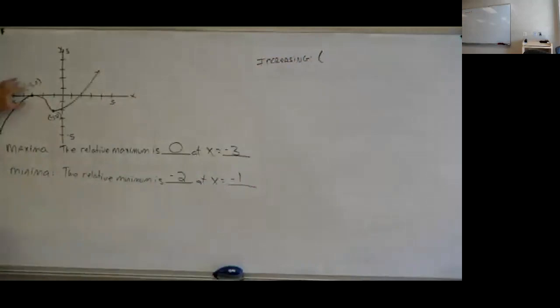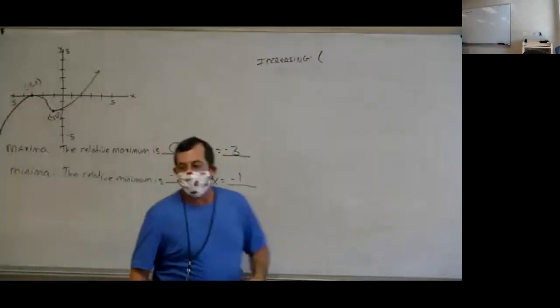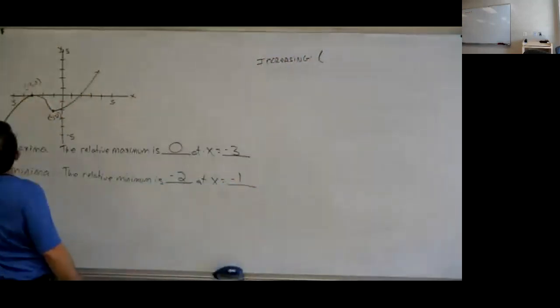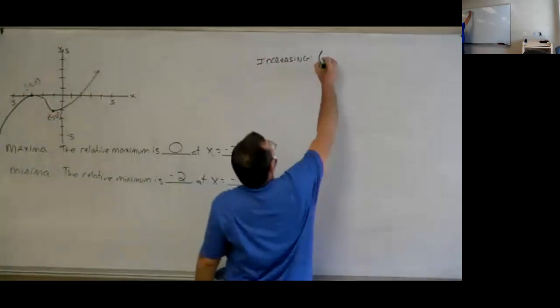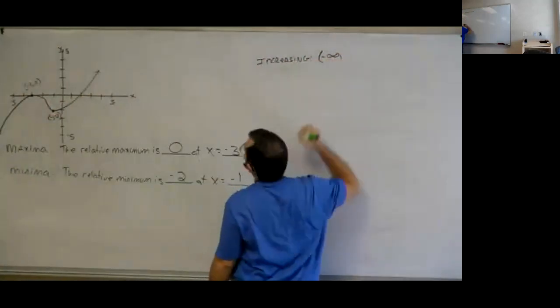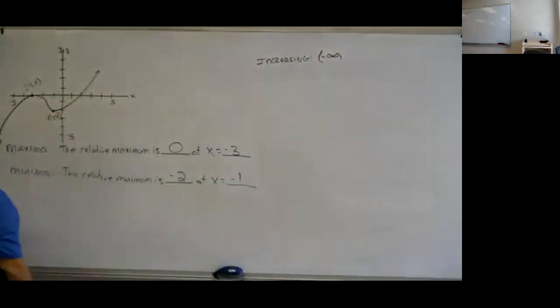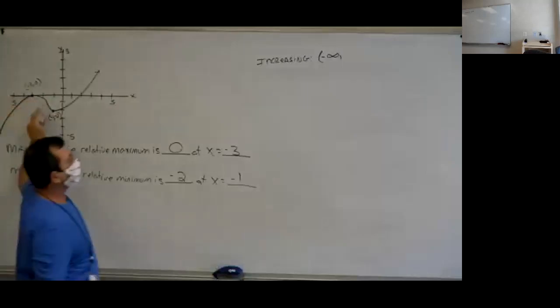The first section up until that max, and then this last section from that minimum. I'm going to catch this first section first. It starts increasing out here at negative infinity. It's cruising along these x-axes and increasing until I hit that x value of -3.